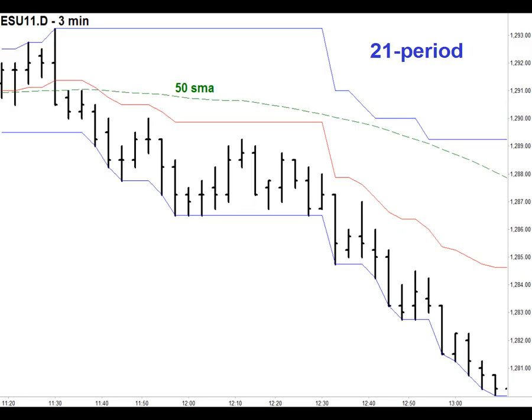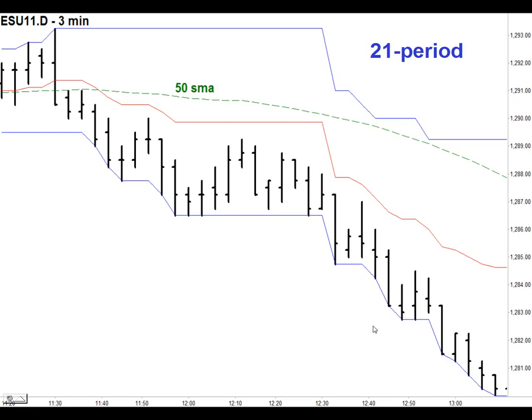Now, here's our standard 21-period Donchian channel on a 3-minute chart. The way we normally use it is we're waiting for price to rise if we're going short, as in this example, and we want to see bars that are completely above the midline, that red midline right here. The only trouble is with these fast markets that we see in these smaller time frames, we never get above this midline, as you can see, so we never had an opportunity to go short here using the 21-period setting.